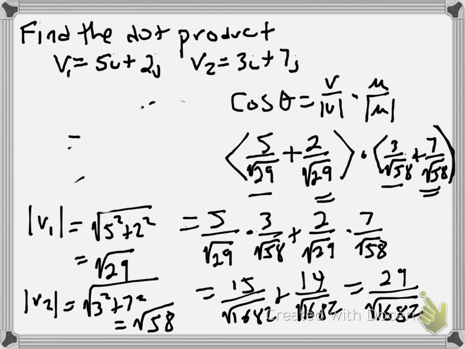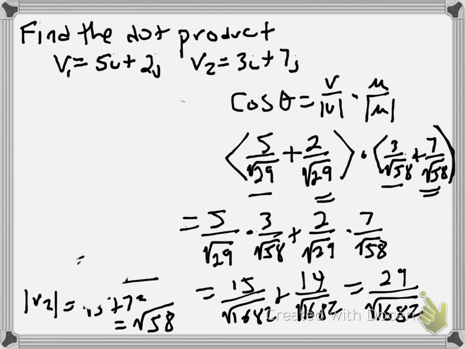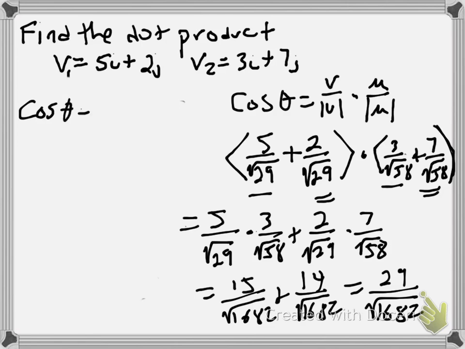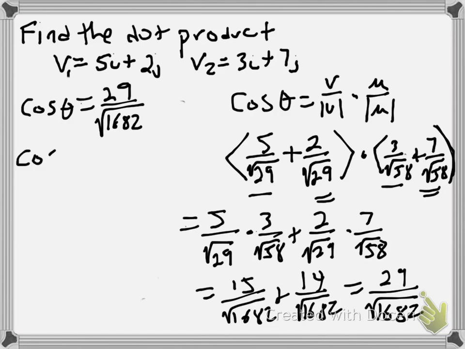So our cosine of theta is 29 over the square root of 1682, which if we simplify is about 0.707.